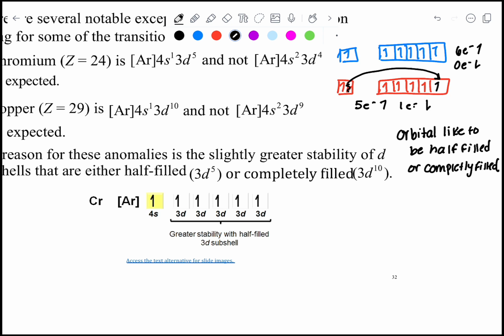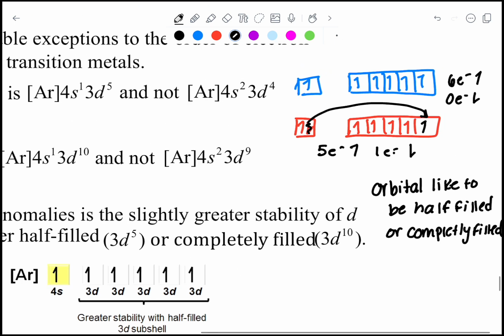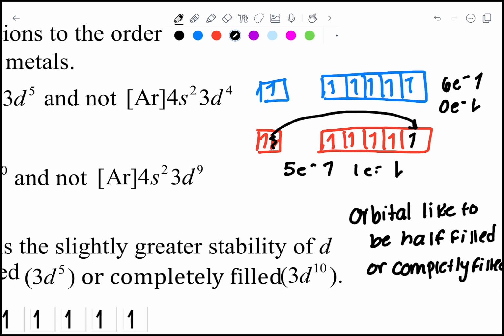This only happens with a certain number of elements on the periodic table, specifically chromium and copper. So what's happening here is, looking at my accepted one, the s only has 2 options. It's either filled with 2 or half filled with 1. So it's a 50-50. It's either one or the other, half filled or whole filled.